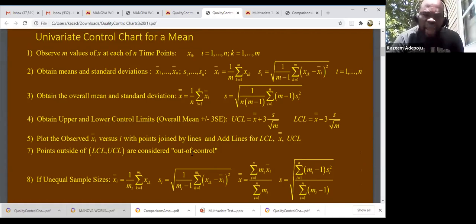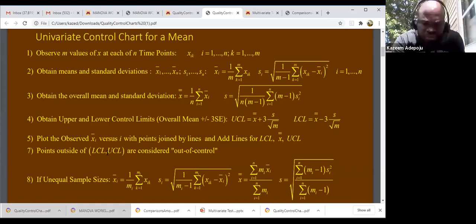You know how to figure out the lower control limit and the upper control limit. Any point outside is referred to as out of control, and that is not good at all. That is exactly what the internal control unit does.